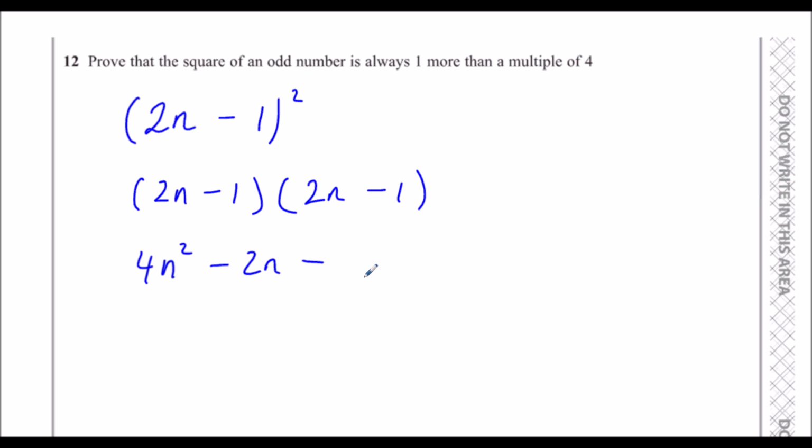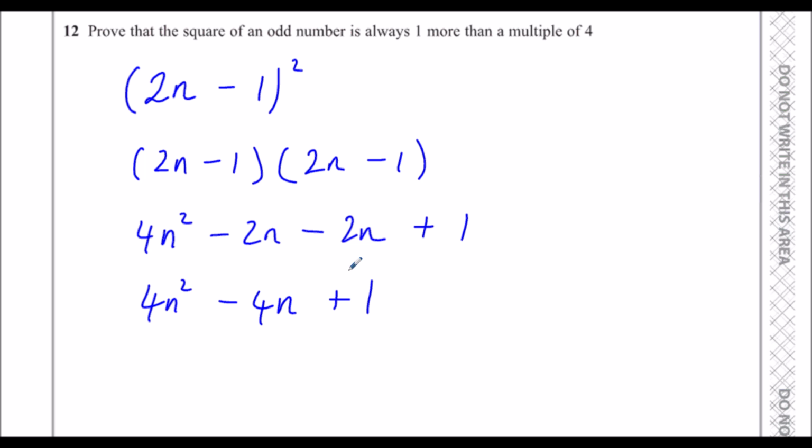Minus 1 times 2n is minus 2n. And minus 1 times minus 1, a negative times a negative is a positive, so that makes plus 1. And simplifying, I've got 4n squared minus 4n plus 1.